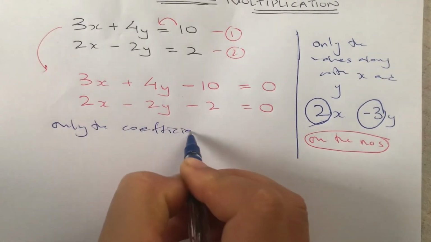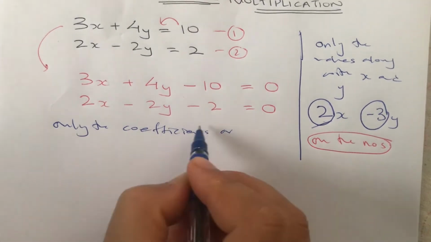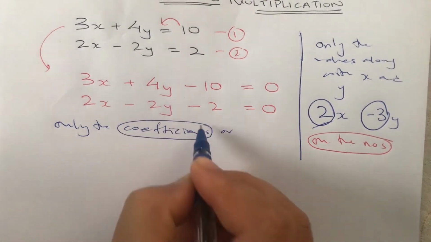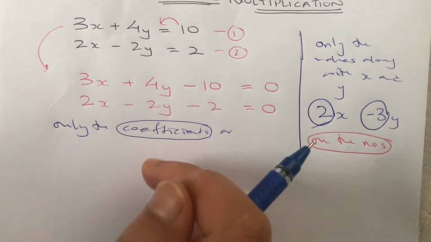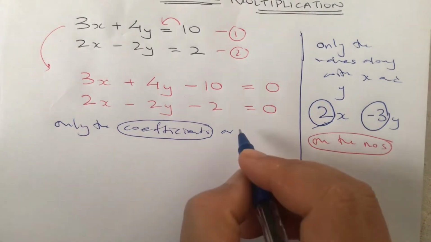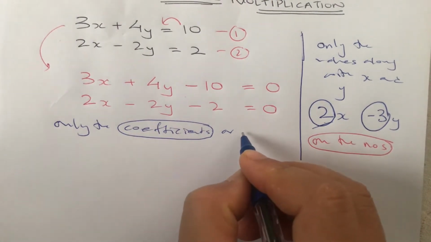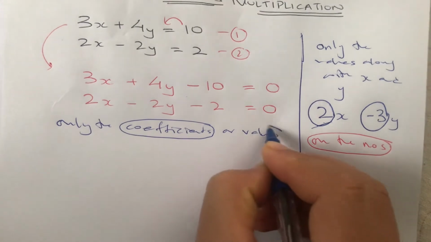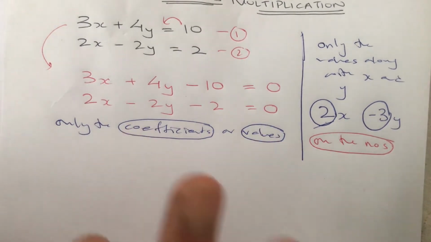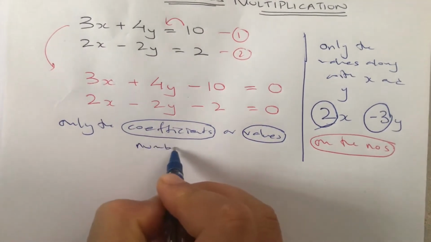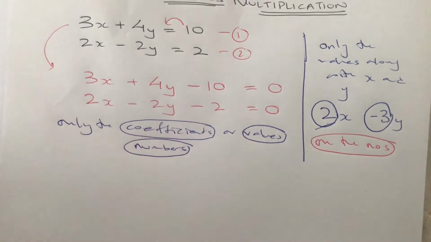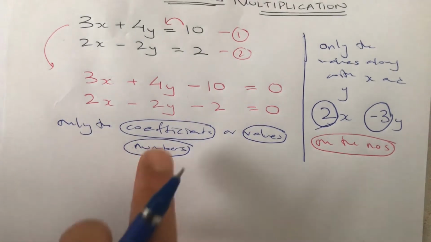In simple language, if someone gets confused, you don't have to remember the word coefficients. You only focus on the values or the constants, only on the numbers. These are the simple terms I'm using instead of coefficient.